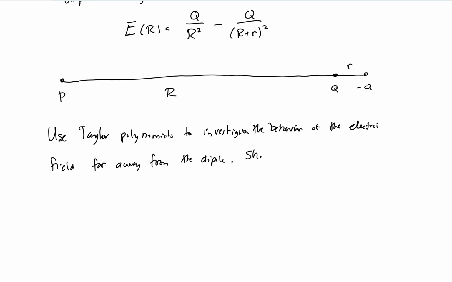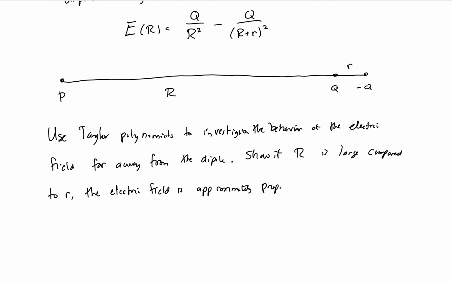In particular, let's show if big R is large compared to little r, the electric field is approximately proportional to 1 over R cubed.